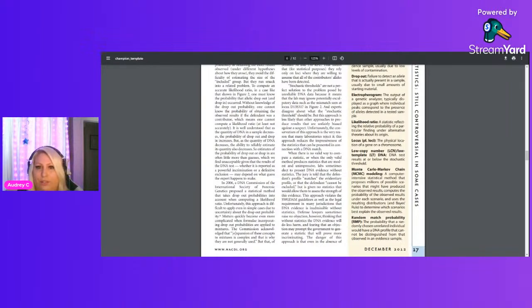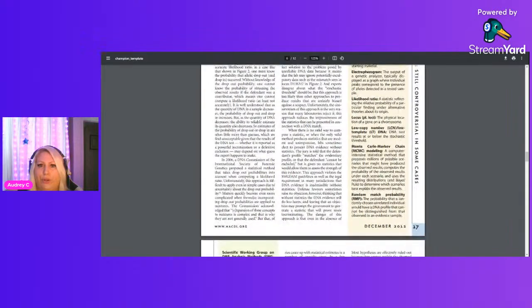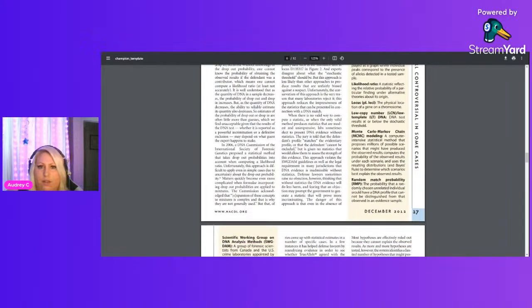This approach reduces the impressiveness of the statistics that can be presented in connection with a DNA match. When there is no valid way to compute a statistic, or when the only valid method produces statistics that are modest and unimpressive, labs sometimes elect to present DNA evidence without statistics.